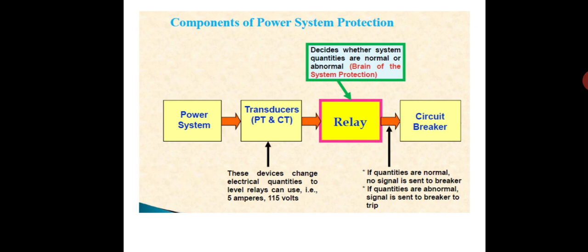Such information the relay should receive. How does it receive it? Through PT and CT. PT means potential transformer, also known as voltage transformer, and CT means current transformer.